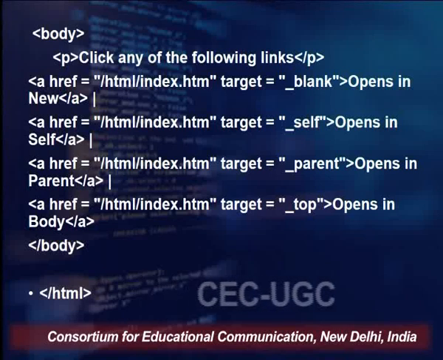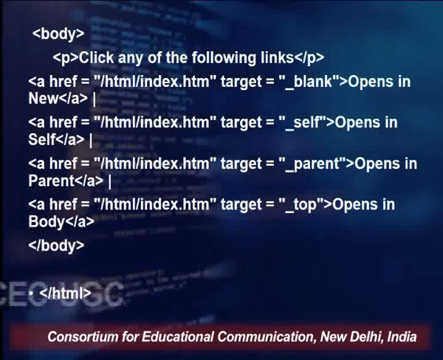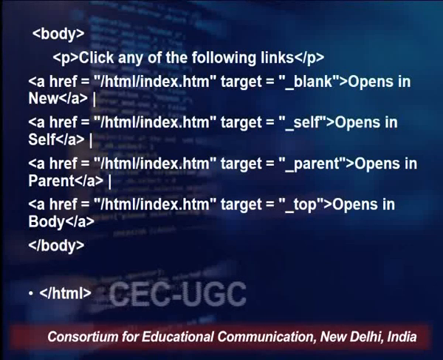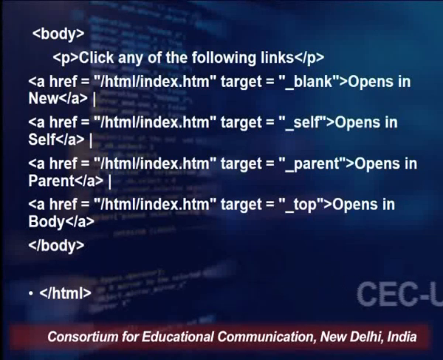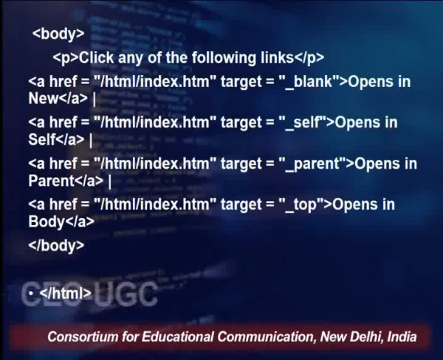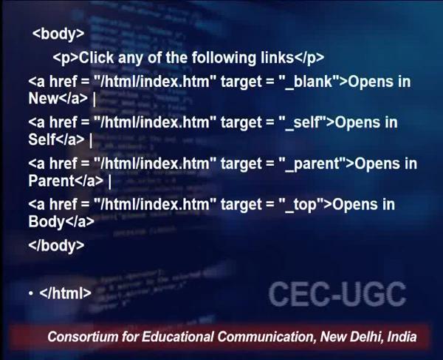Now if you look at the whole program here, we have a hyperlink href equal to one destination, target is equal to _blank, and the hypertext, then closing a tag. Similarly for the second link, href is equal to the same, target is equal to _self, which is going to open in self.